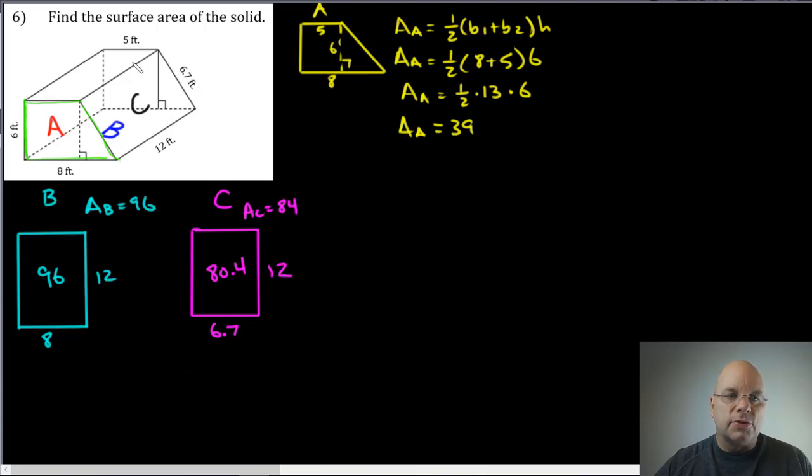Now we've accounted for the two trapezoidal faces, this diagonal face and this bottom face. We still have this top face and the back face. I'm going to call the top face D. This top rectangle D. Sketch it down here.